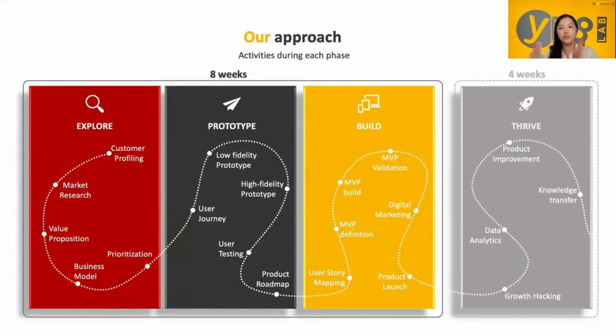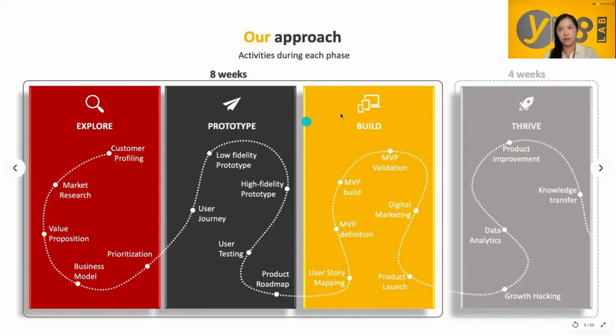We'll look at your user journey, map it out, do some low-fi, hi-fi prototype, do a lot of testing here, build your product roadmap so that get it ready for the build phase, where we will define and build your MVP. Then we will focus a bit on digital marketing here, and then we will launch it, and comes to the thrive, where we'll look at a lot of data analytics, we'll look into growth hacking, product improvement, and then have some knowledge transfer to wrap up the whole service.